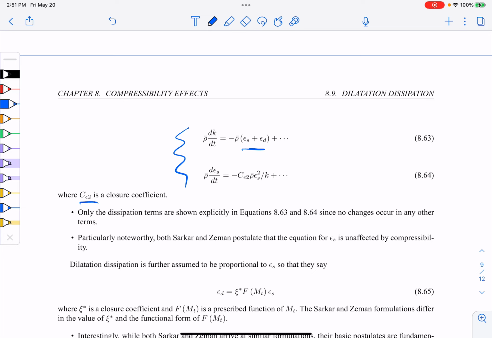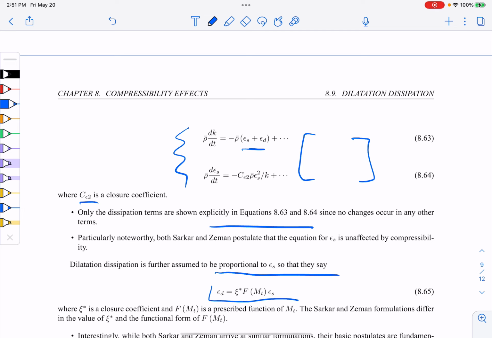Here, only the dissipation terms are shown in equations 8.63 and 8.64, and no other changes are made to the rest of the equations. And it's postulated by those authors in those papers that epsilon s is unaffected by compressibility, so it would remain, and therefore the dilatation dissipation would be assumed to be proportional to epsilon s.